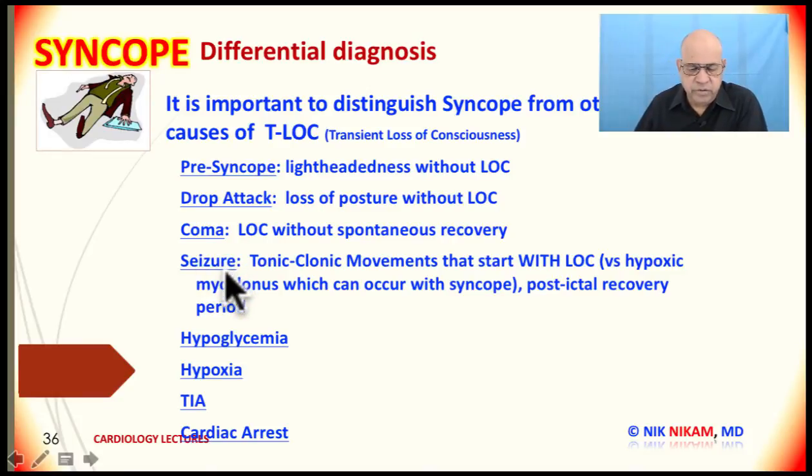Then, of course, the seizures, which can be an important differential diagnosis, because they present in a similar manner, but they do differ in certain respects. Similarly, metabolic conditions such as hypoglycemia, hypoxia, including transient ischemic attack or cardiac arrest. All these can come into the differential diagnosis of patients with syncope.